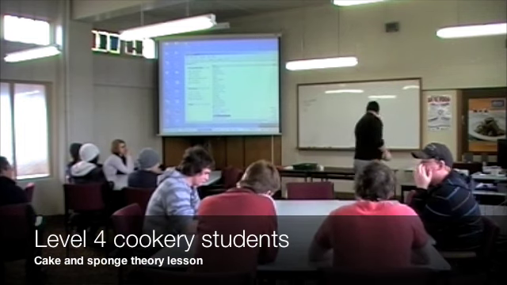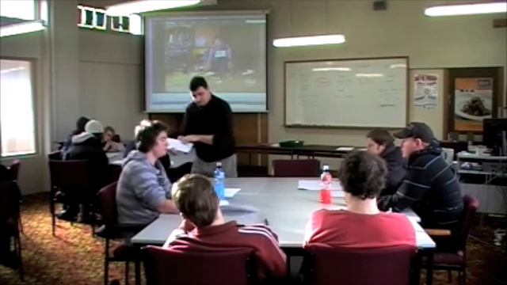What I've got here for you guys is a little exercise, and again, you can do it in your pairs, but I'll just hand it out and show it to you. It's all the different ingredients that you will find in a cake, and then underneath it you'll see things like structure and aeration and flavour.